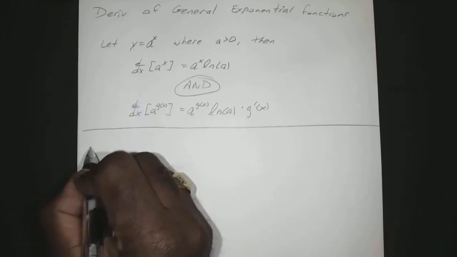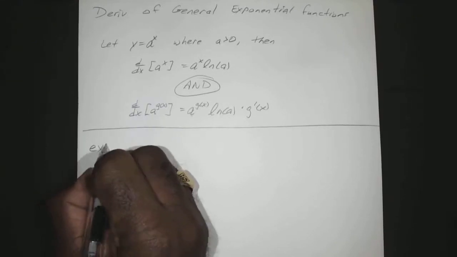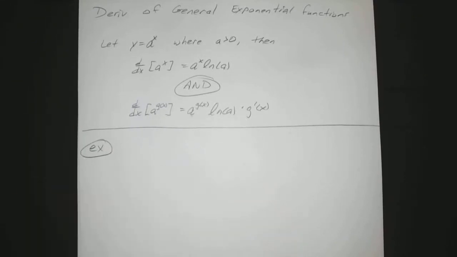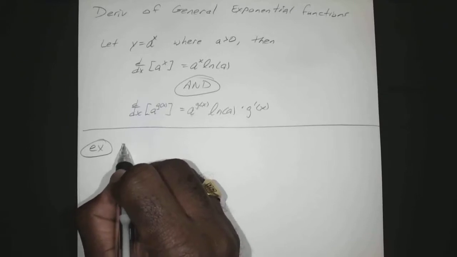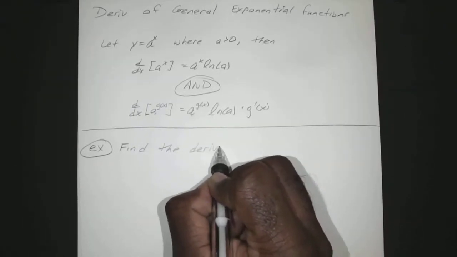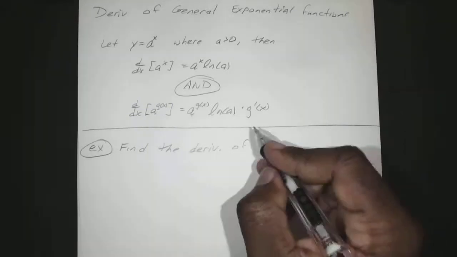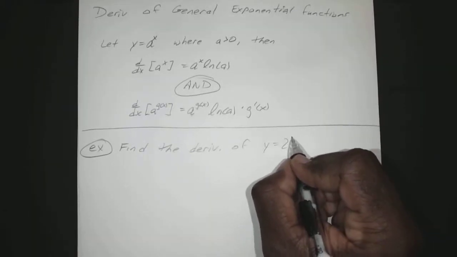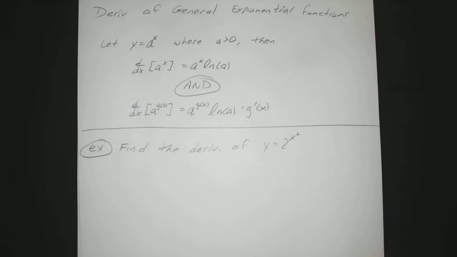All right, so let's say, for example, find the derivative of y equals 2 to the x squared power.